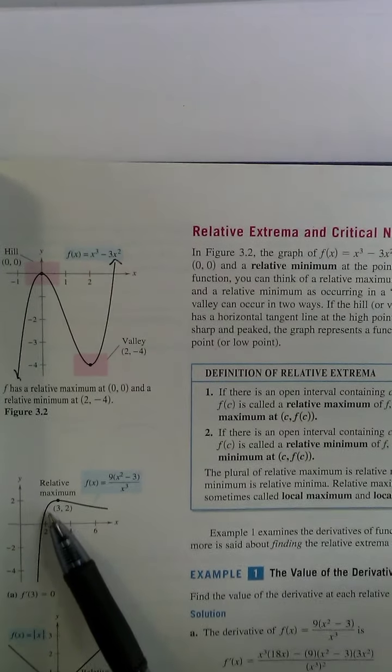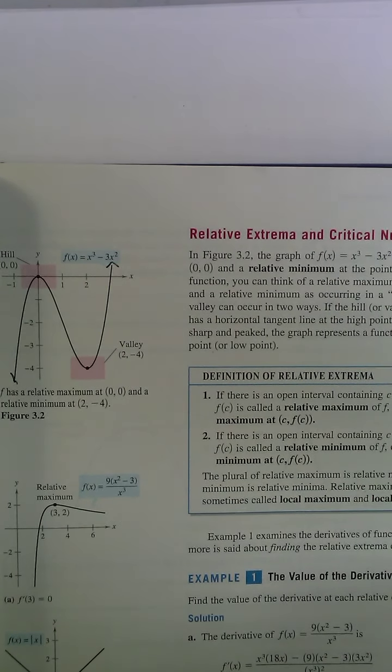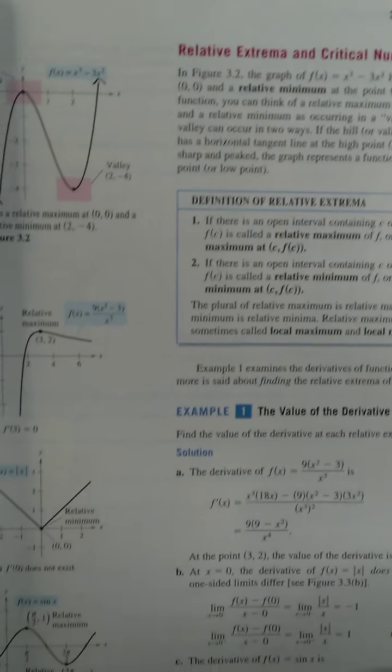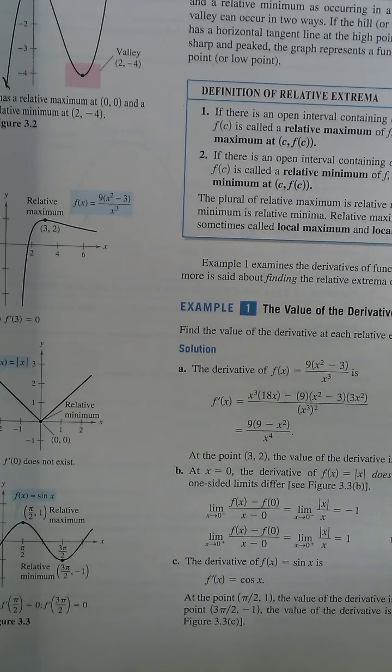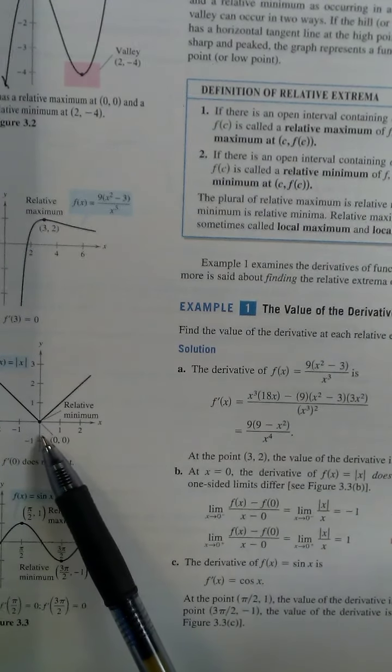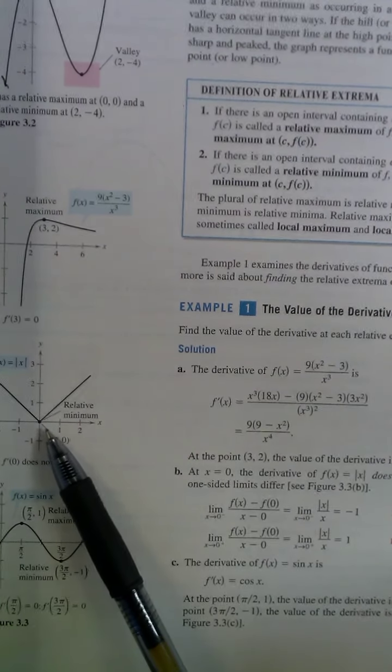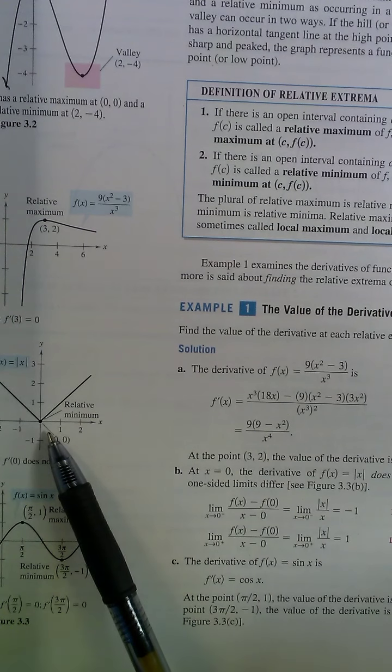Now you can also have relative max-mins at corners. So here's like the absolute value function. That is a local or relative min. But at that corner, the derivative does not exist. Right?